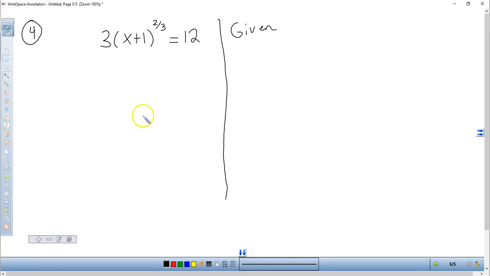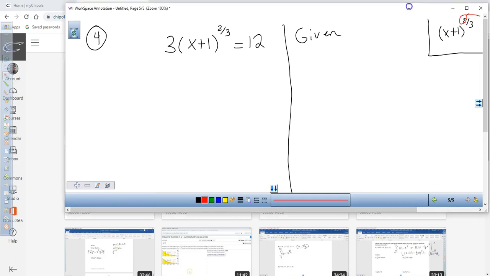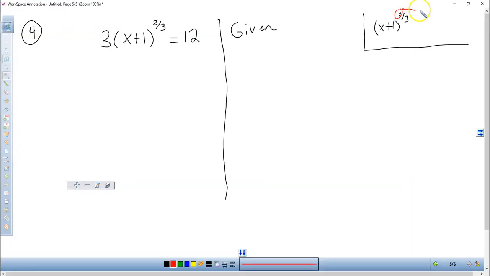So let's get started. First step is the same. We are still trying to isolate. This is a radical. It just looks kind of different. What you need to know, and I'm going to write it out here, is that any time you have, let's just use the one we have, x plus 1 to the 2/3, well, this top number is an exponent.